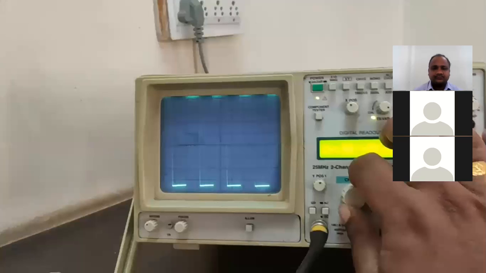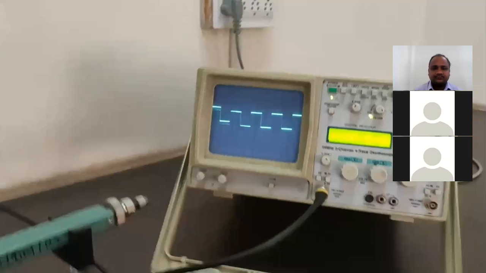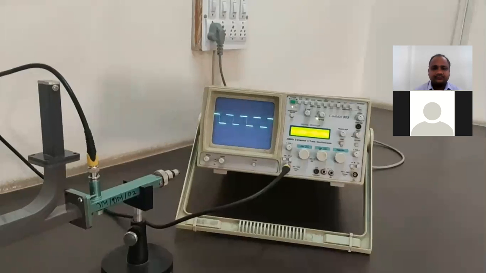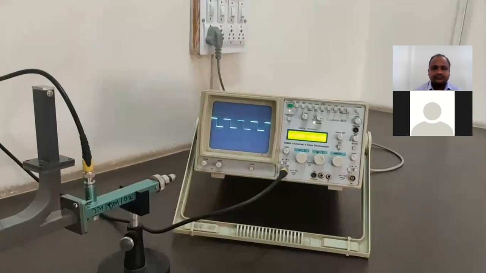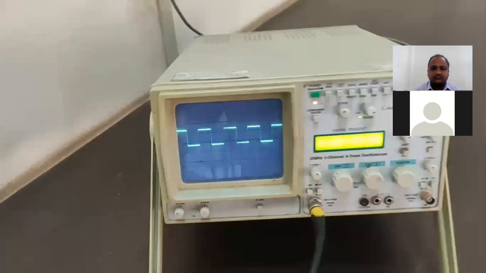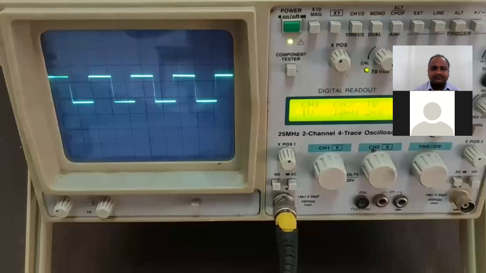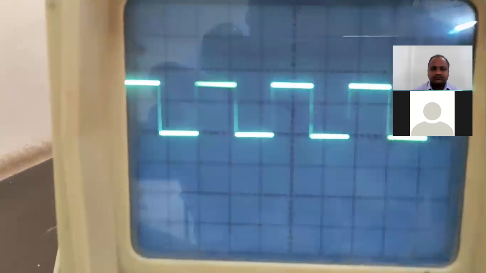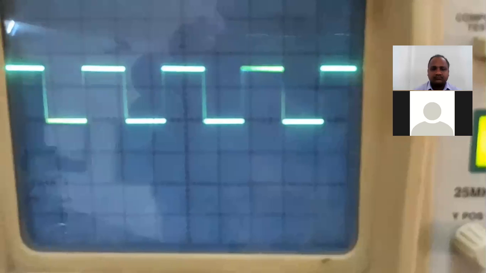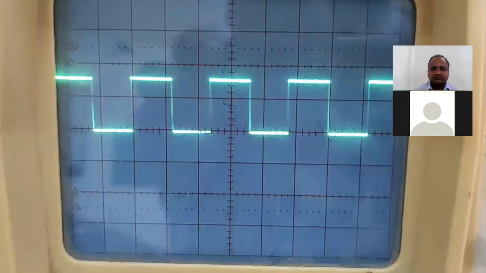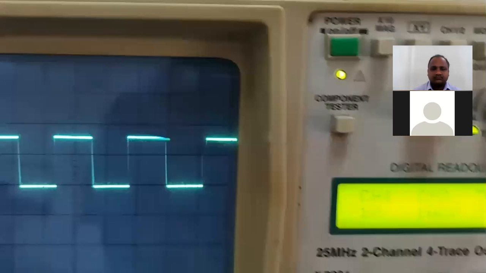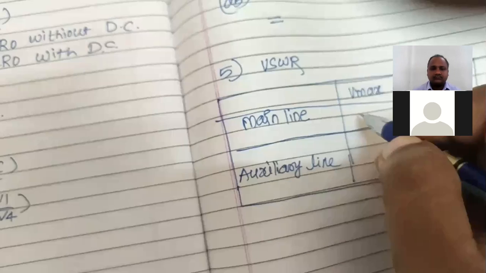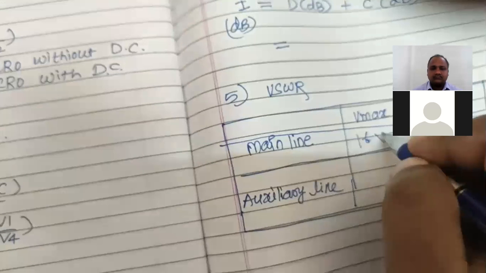So we adjust this channel 1 setup, and again we go on with the increasing voltage, but after this point it starts decreasing, so we take a reading at this point, and this value is 1.6 multiplied by 1 volt, so it is equal to 1.6 volt. So you are getting Vmax for the main line as 1.6 multiplied by 1, which is equal to 1.6 volt.